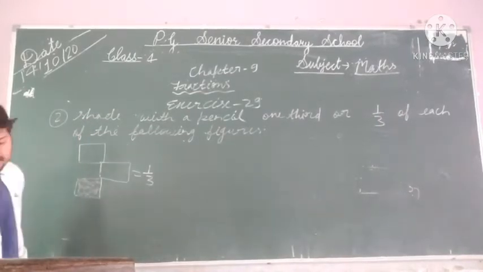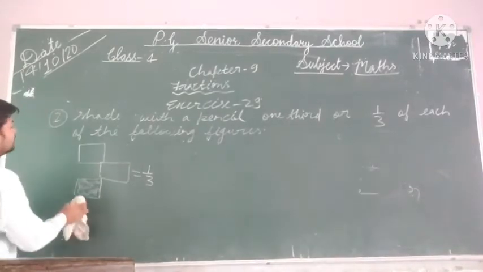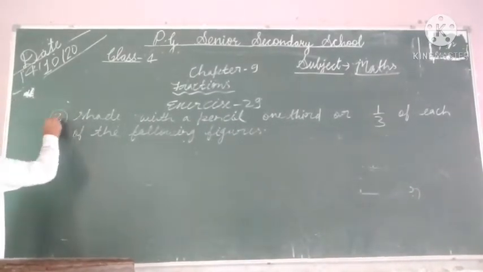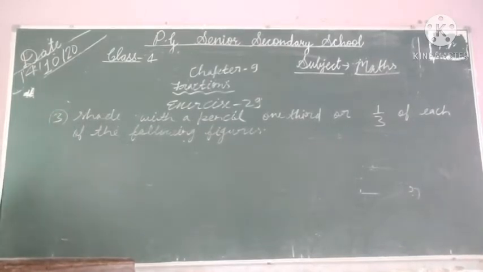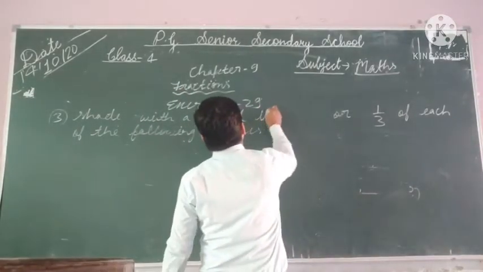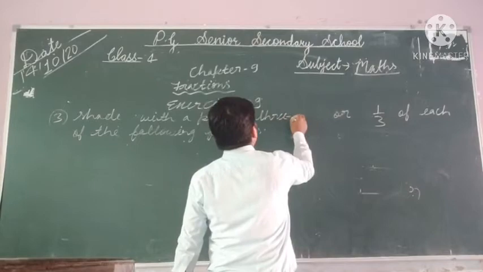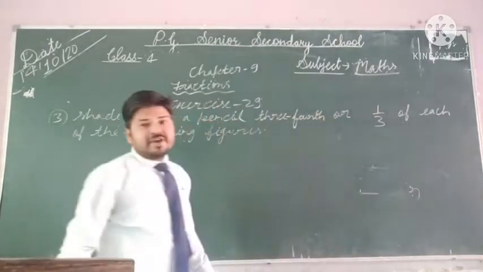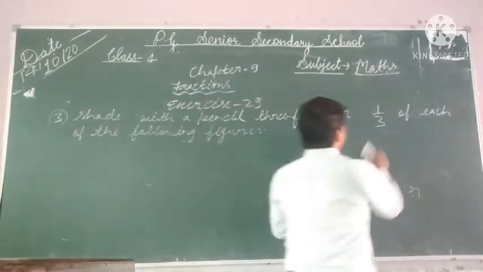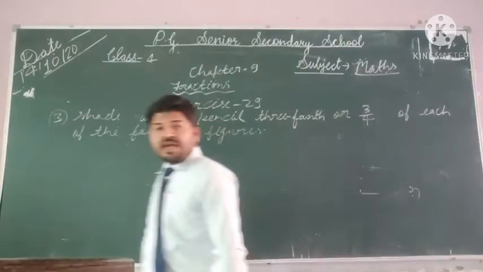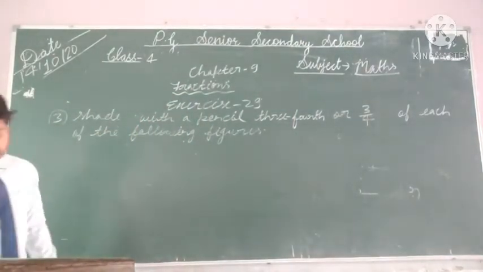Now I am going to tell you question number 3. What is question number 3? The question number 3 says, shade with a pencil 3/4. 3/4 means out of 4 parts you have to color 3 parts.